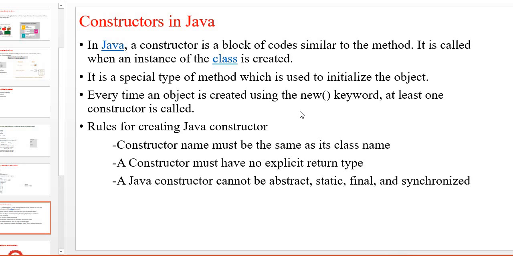Every time an object is created using the new keyword, at least one constructor is called. Rules for creating a Java constructor are: the constructor name must be the same as its class name. A constructor must have no explicit return type. A Java constructor cannot be abstract, static, final and synchronized.